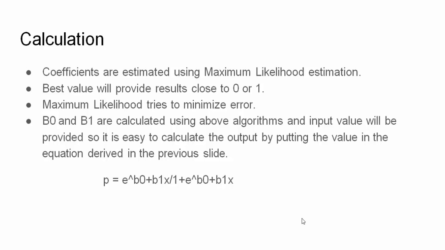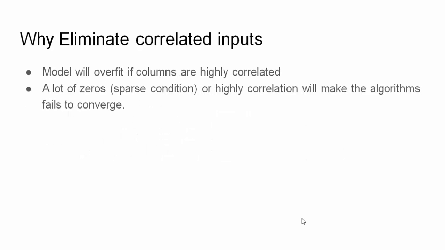Okay. Now going further to the slide, why eliminate correlated inputs? This is a very important part while we are dealing with the input data. While the input data is fed to the machine, you should see whether there are some columns with a number of zeros, or any two columns which are very correlated, and just try to eliminate them before feeding to the model.